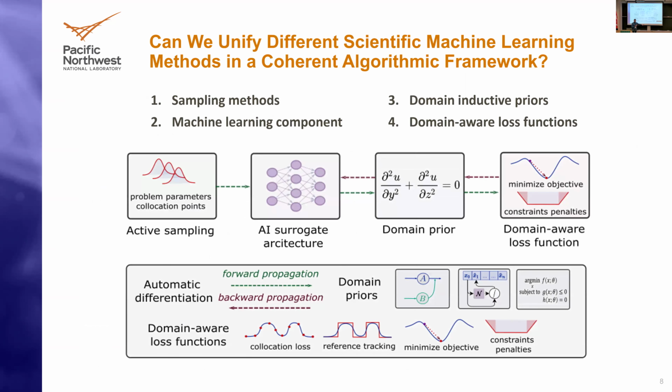So when you look at all of these different scientific machine learning approaches, they have something in common: they incorporate prior knowledge or physics into the training through data generation or active sampling, so that's a type of observational bias.